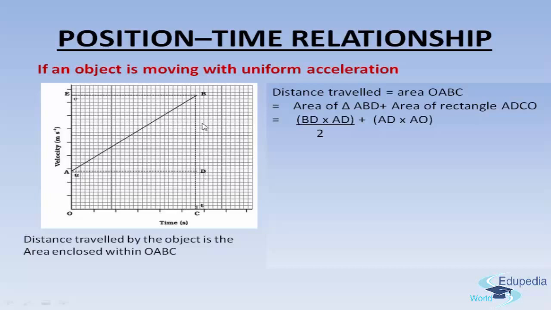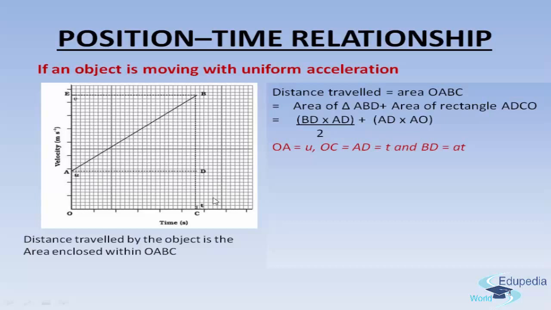So that is the formula for calculating the area of the triangle. So we write BD into AD divided by 2, plus, what is the area of the rectangle? Area of rectangle is AD into AO. So this is AD into AO. So in place of OA, we substitute the initial velocity because this is the initial velocity. In place of OC and AD, we substitute T because that is the time.